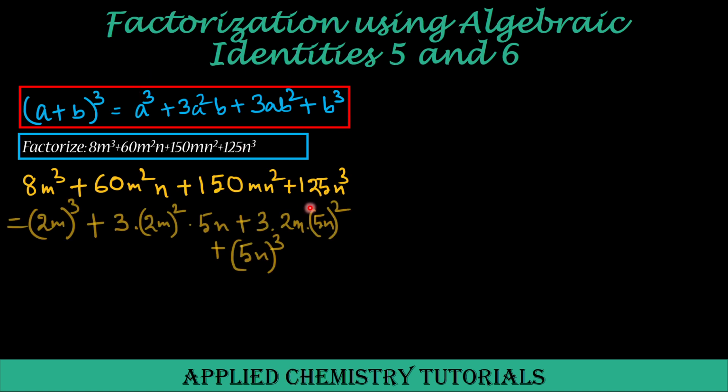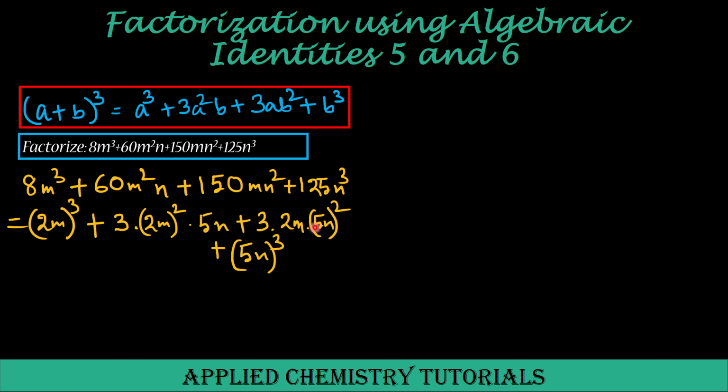Now we can rewrite it as (2m) whole cube, which equals 8m cube, and 125n cube will be (5n) whole cube. Now the terms in between, 60m square n, we can rearrange as 3 multiplied by (2m) whole square multiplied by 5n, and 150mn square can be rearranged as 3 multiplied by 2m multiplied by (5n) whole square.